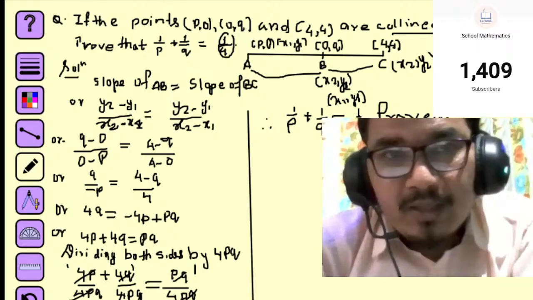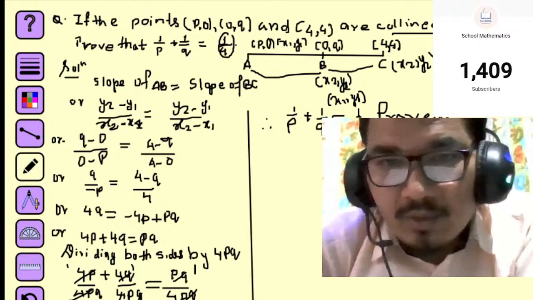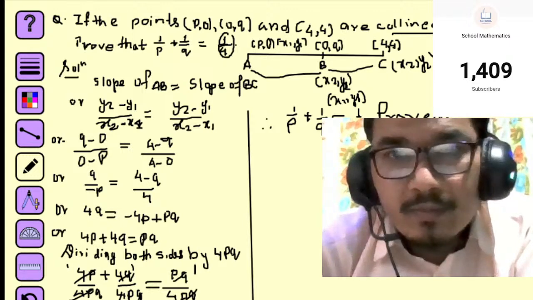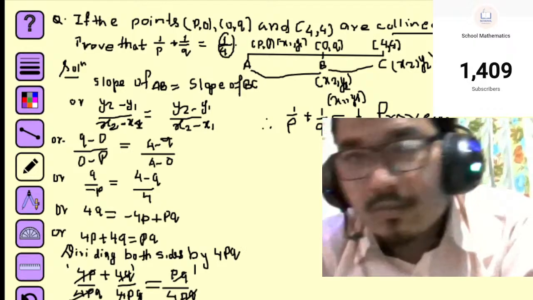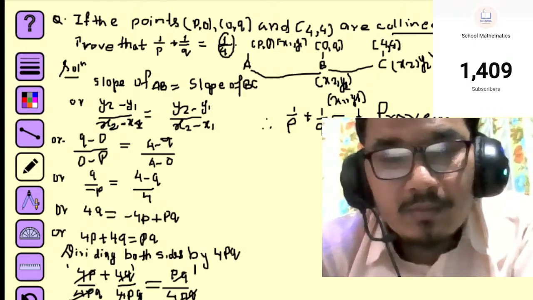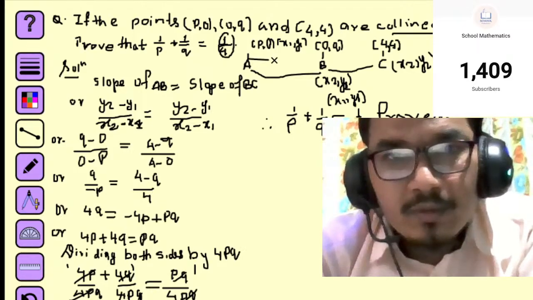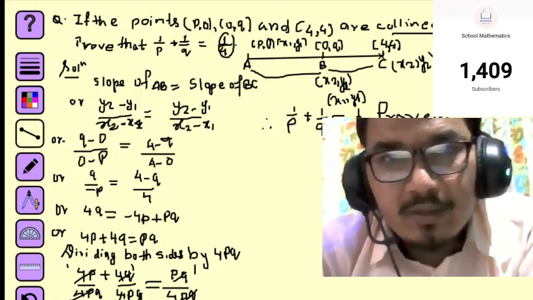There is some part hidden, that's why I am going to move this up a little bit. These points are ABC.